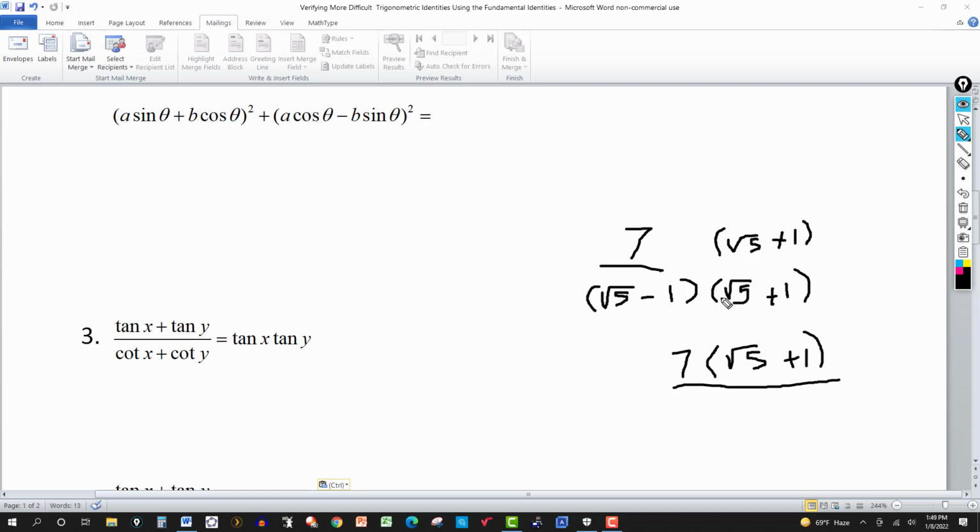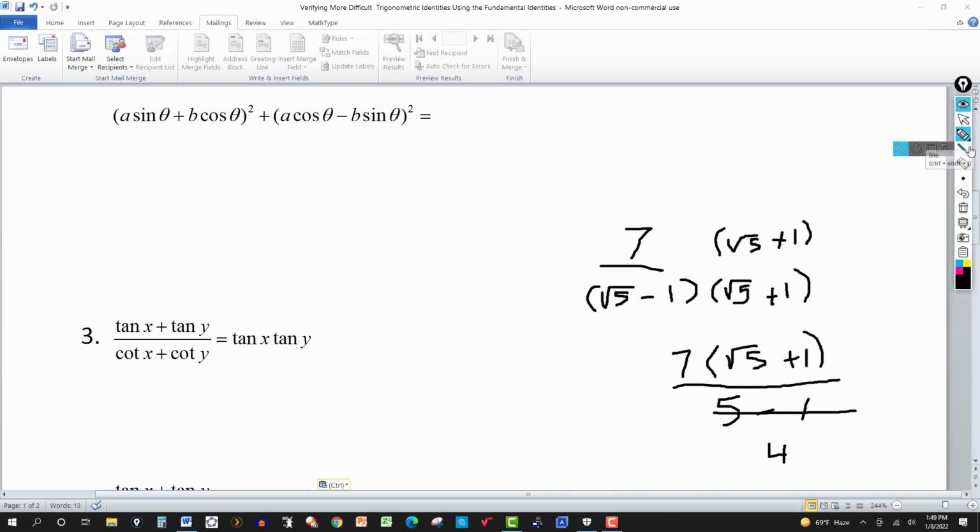So I would square the radical 5, which gives 5, minus 1 squared, which is 1. So you get 5 minus 1 is 4. Your answer then would simply be 7 times radical 5 plus 1 over 4.